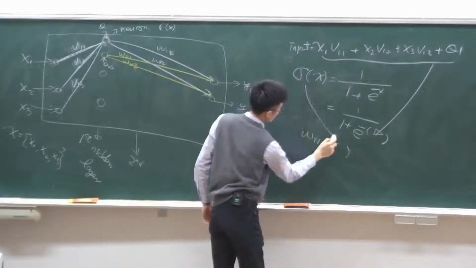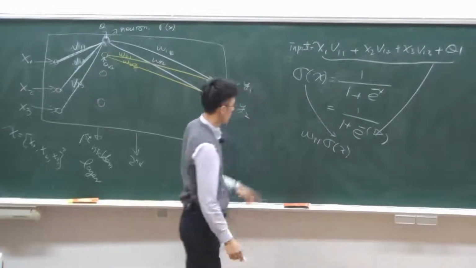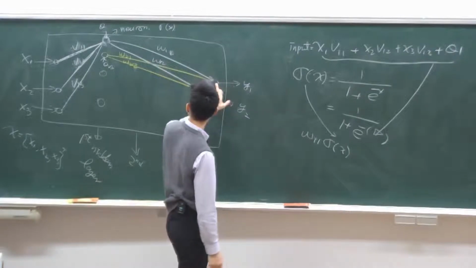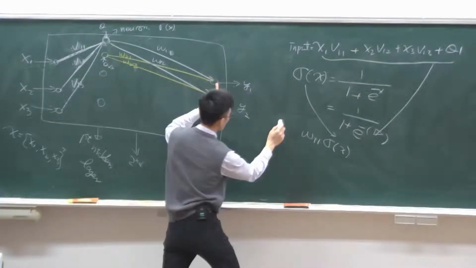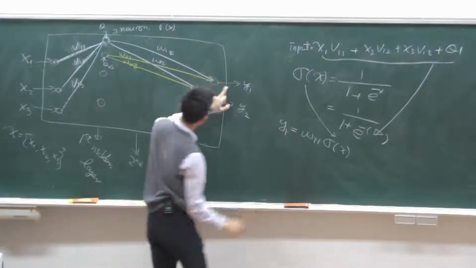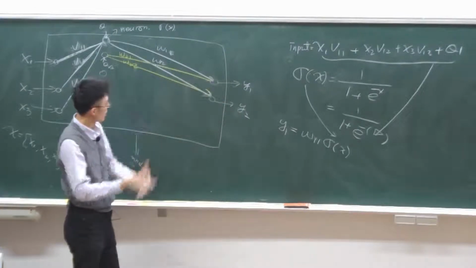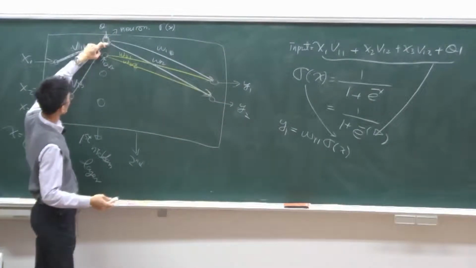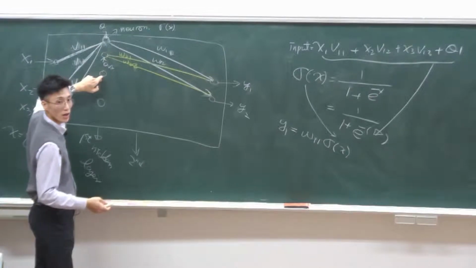All this guy here goes to the output y, okay? y1, and y1 is a collection of outputs from different neurons, 对不对?